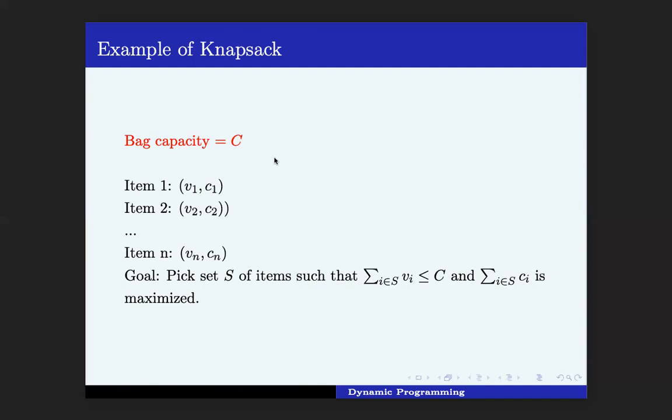I mean, we are giving the value and weight pair of n items. So can it be theta of n? So C is not an input. No. Yeah, C is also input. Yes, sir. So that is one input only. So would it be theta of n?